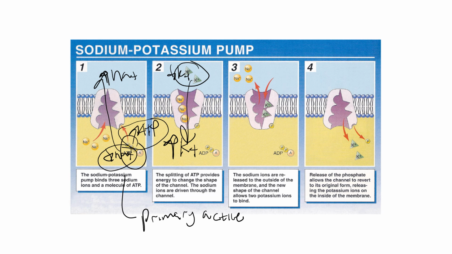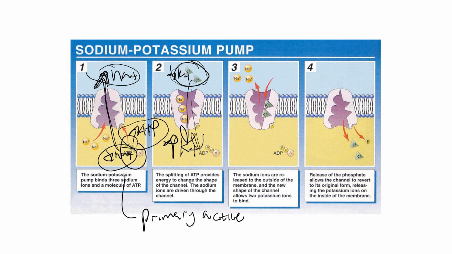ATP comes along, the third phosphate is split off, energy is released, and that allows the integral protein to actually move sodium from a low concentration inside of the cell to a high concentration outside of the cell, and the opposite for potassium. The ATP actually allows the integral protein to take potassium from a low concentration outside of the cell to a high concentration inside of the cell.